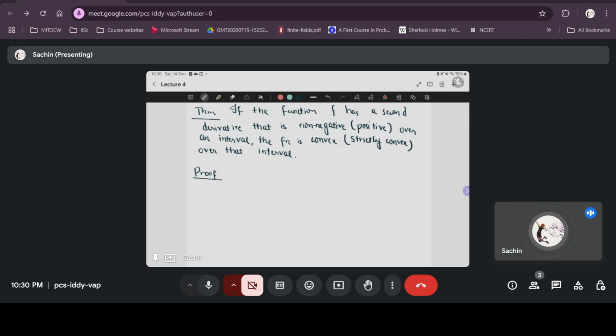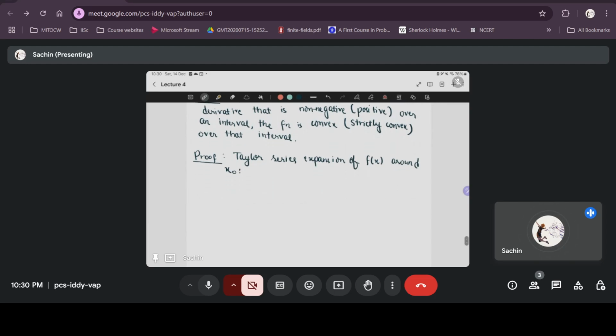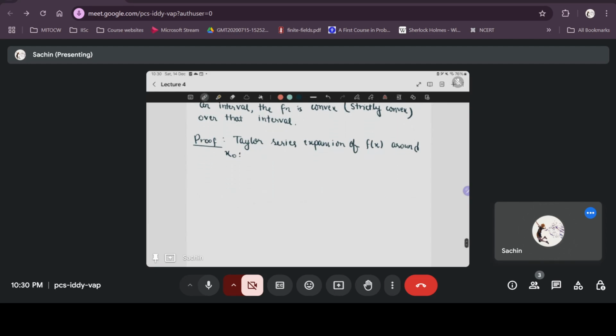And the proof for this is we use the Taylor series expansion for functions around a point x0 in the interval of convexity. It's a point in the interval in which the function is convex.